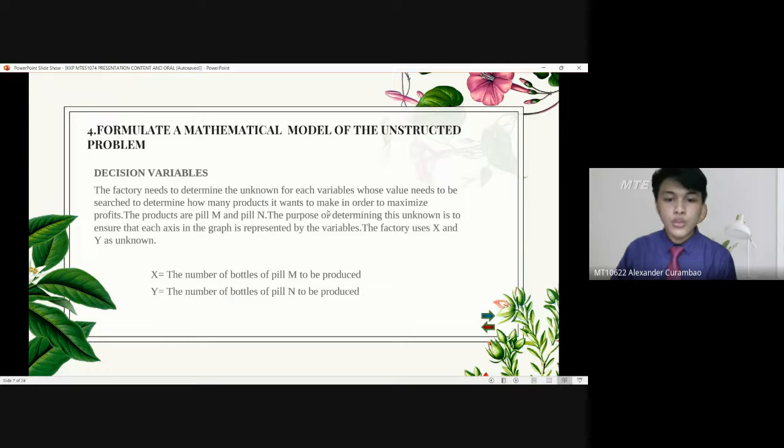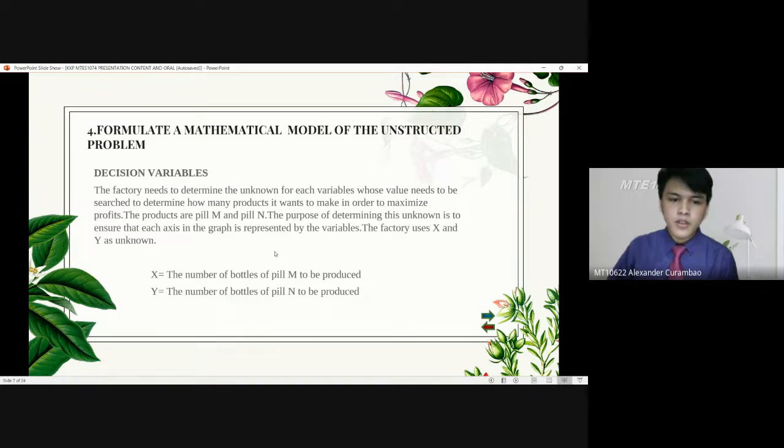So we need to find two unknowns here. So the factory uses X and Y. For your information, any unknowns can also be used, like M and N, K and L, A and B, and many more.